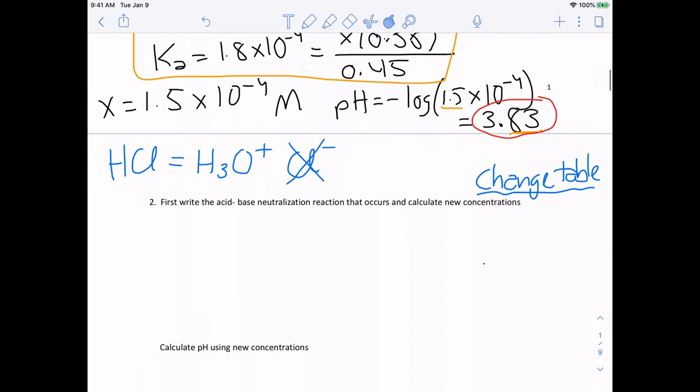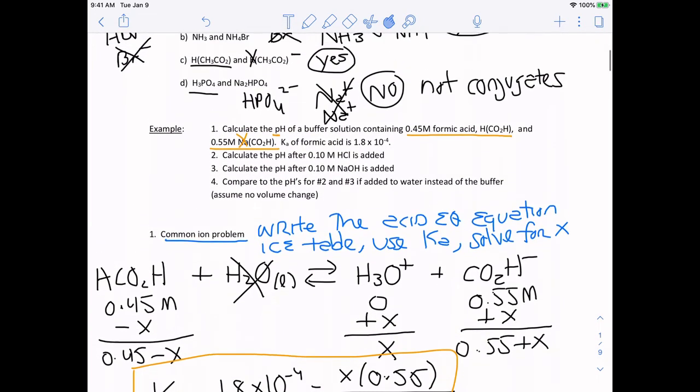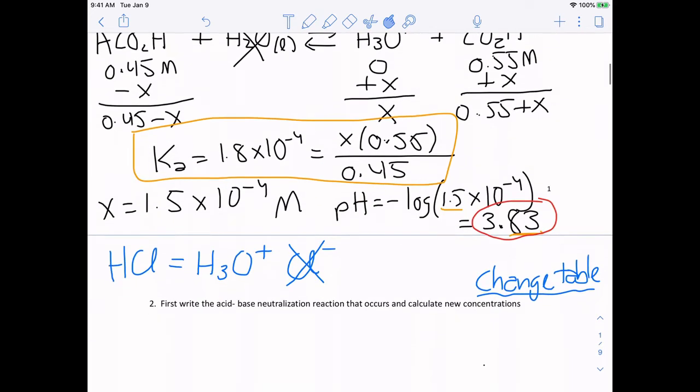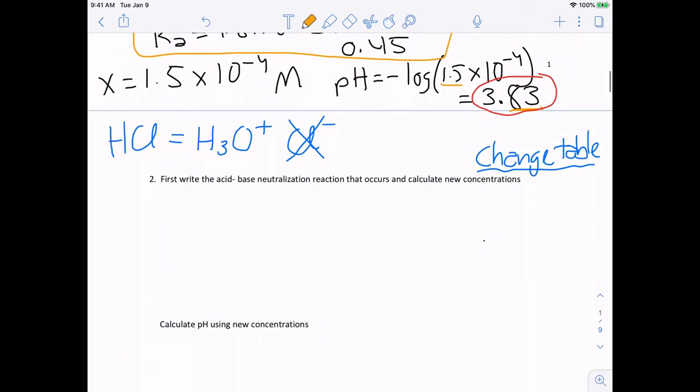So back up to my problem here. My concentration of hydronium, right, and Cl minus, but we don't care about that, is going to be 0.1 molar. So those are the concentrations I'm going to use. So my change table.